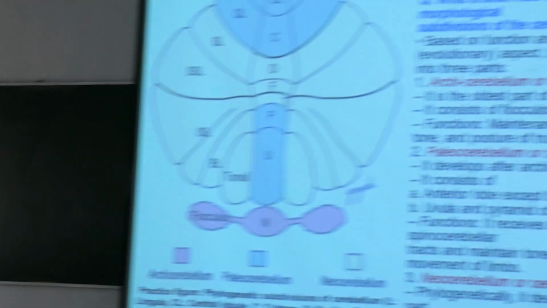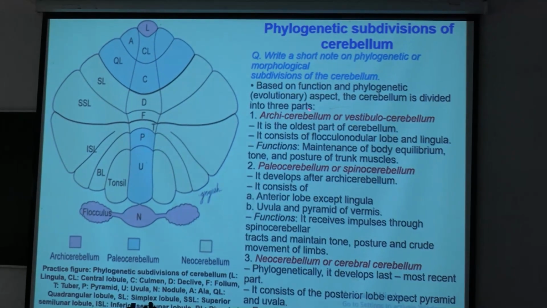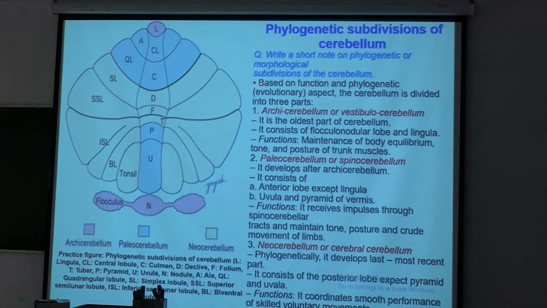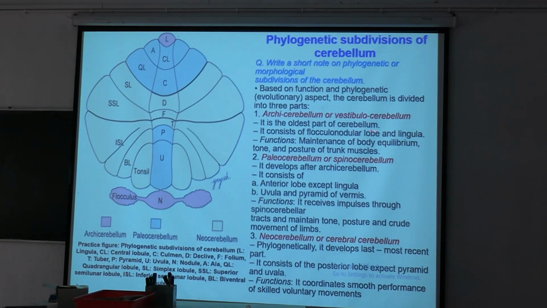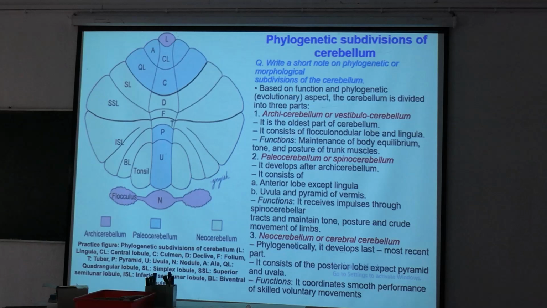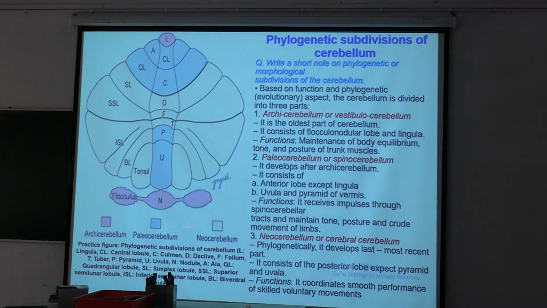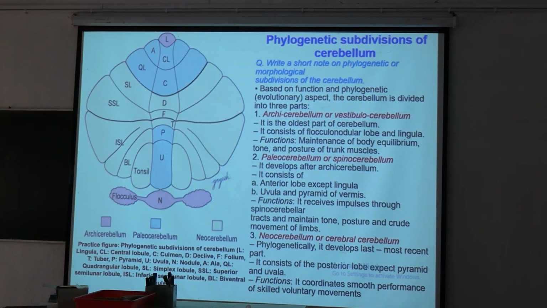Okay. So this phylogenetic subdivision is based on function and phylogenetic or evolutionary aspects; the cerebellum is divided into these three parts. Archicerebellum or vestibulocerebellum is the oldest part of the cerebellum. Here we have done color coding. This pink one represents the archicerebellum, which includes the lingula and the flocculonodular lobe.